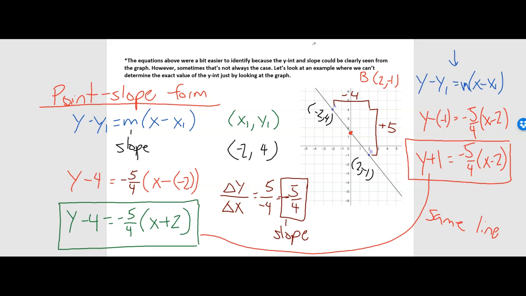Now, I think it's probably valuable to show you that these come out to be the same when we're talking about slope-intercept forms. So I'm going to go ahead and show you that. If you're unsure of how I got these equations, though, pause the video and maybe rewind and listen to the explanation one more time. But let's go ahead and show you why these are actually the same.